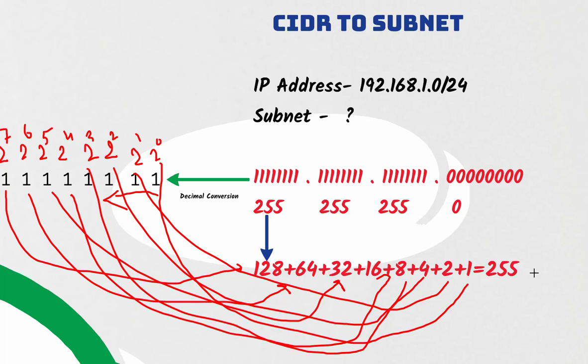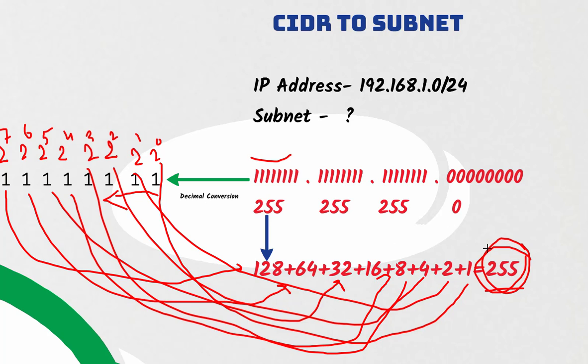So the total is 255. If I calculate these bits from binary to decimal, it will come as 255. That means each and every octet has the decimal number 255.